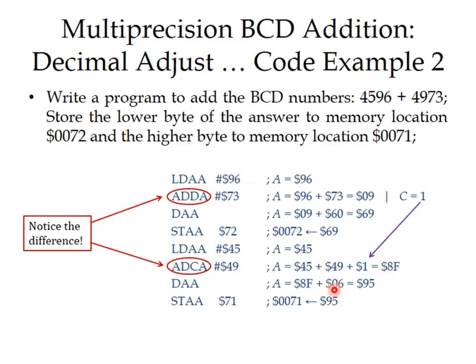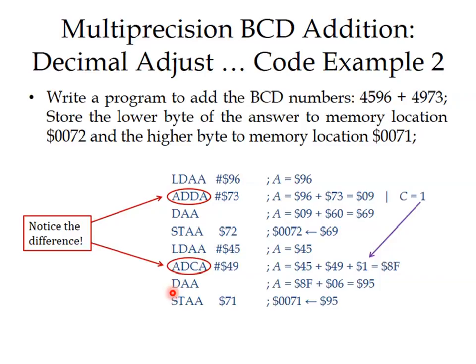Now again, don't forget, you actually don't have to add 60 and 06 manually because all you are doing in the code is just writing DAA, which actually is fixing that. But we want to make sure we understand how the decimal adjust is done. That's why we learn the rule and we know that, okay, in the first one you are adding 60, in the second one you are adding 06, but you are not actually doing it manually.